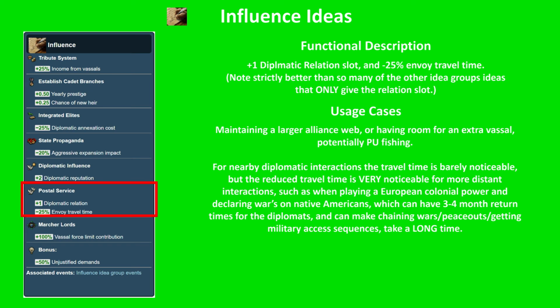So if you're playing a European colonial power, France, Spain, whatnot, and you are declaring war on a Native American or asking some Native Americans for military access or asking some other colonial powers' colonies for military access so that you can keep exploring, you can end up with 3 or 4 month wait times when your diplomat's coming back home from doing that, which can make chaining wars or chaining military access requests take a very long time. And in these cases, the extra diplomat speed for coming home is very useful and noticeable.